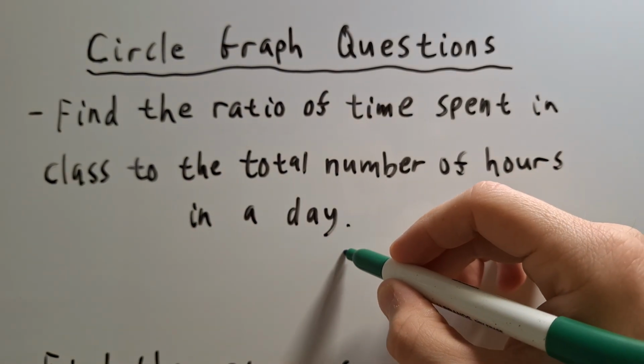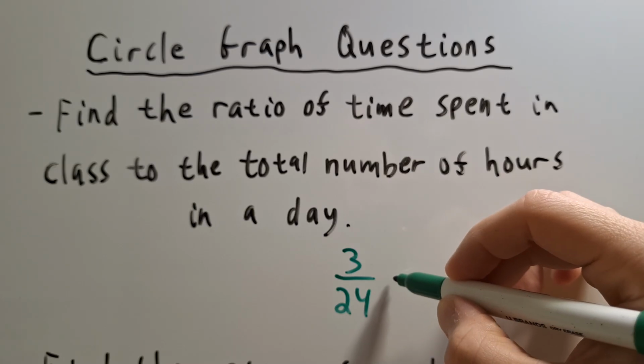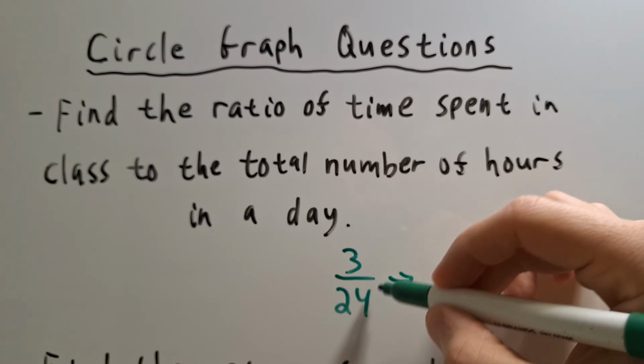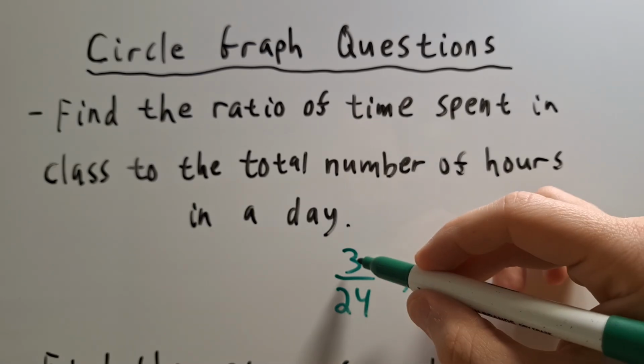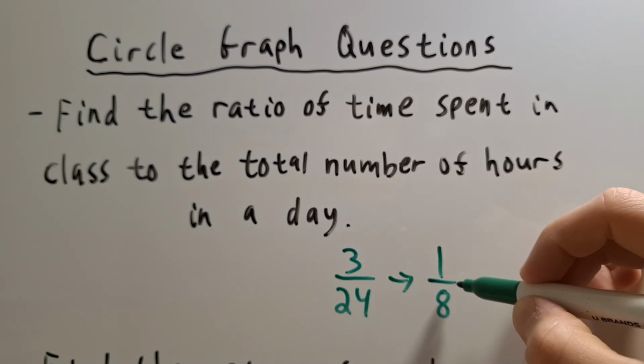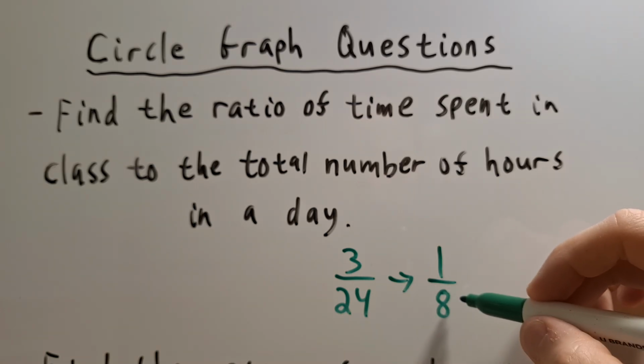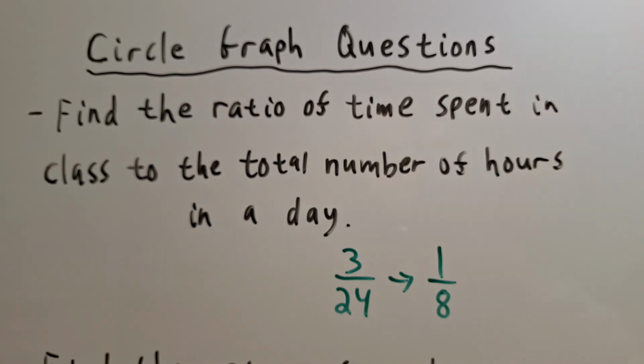So we're looking at the 3 hours over the 24 hours that there are in a day. This fraction can be reduced to lowest terms, dividing both the top and the bottom by 3. We have 1/8. So 1/8 of our day is spent in class.